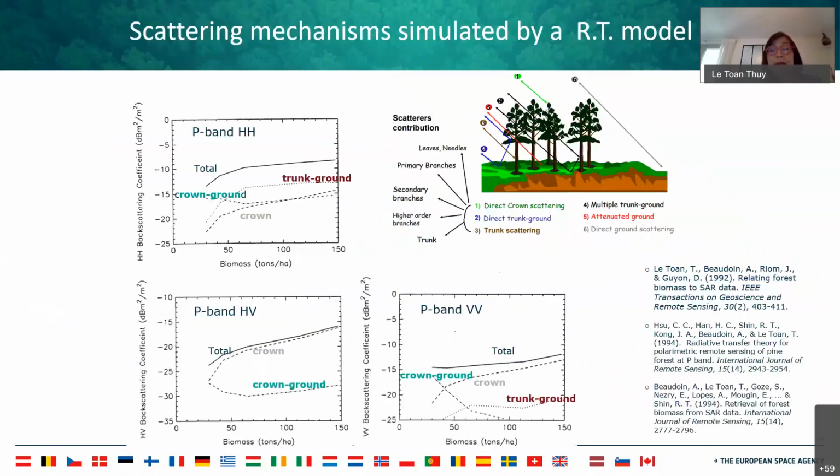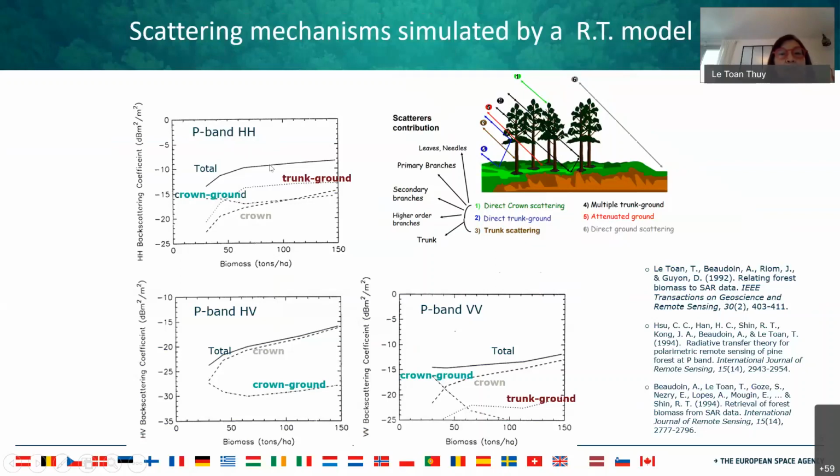Okay, now can we have a closer look? This is interesting because it was the beginning of the P-band biomass mission. The team working with us at MIT did the radiative transfer modeling with us on this. This paper here, and then at P-band HH, look at this.